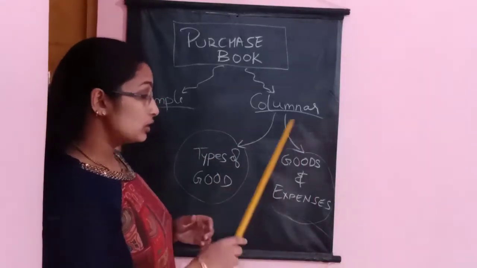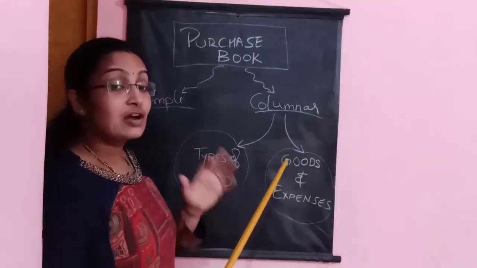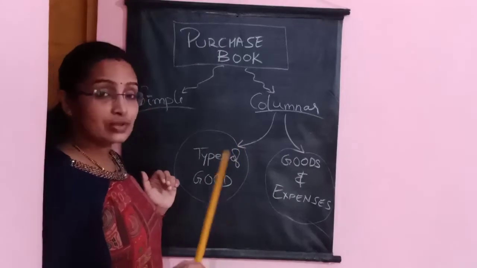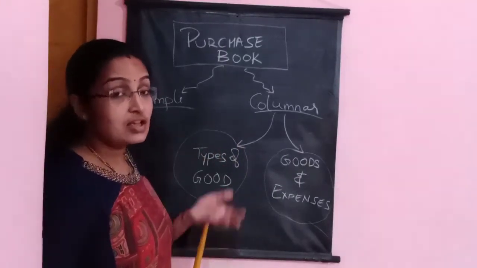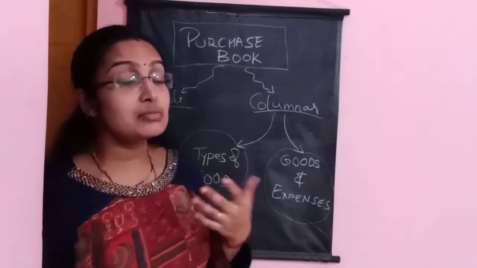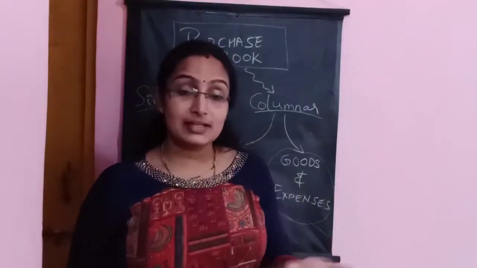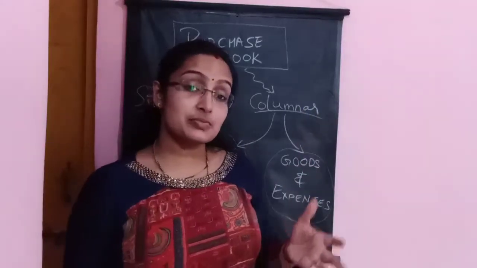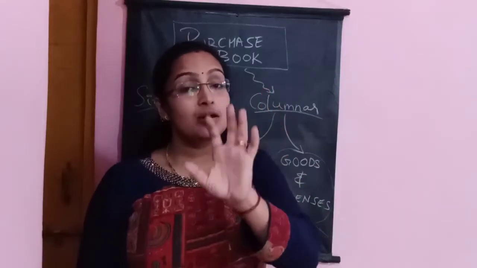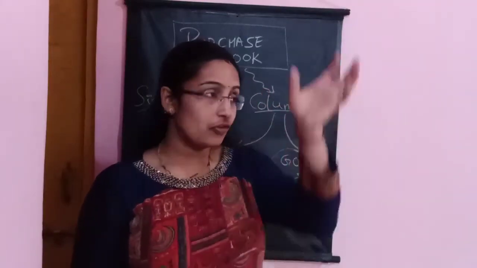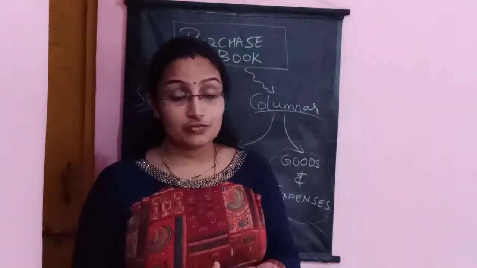And in the columnar purchase book, there are various columns prepared on the basis of the types of goods in which the businessman does his business. For instance, if I have a shop of mobiles, then in my purchase book, I will be writing columns for various brands of mobiles: a column for Samsung, a column for Oppo, a column for Vivo.